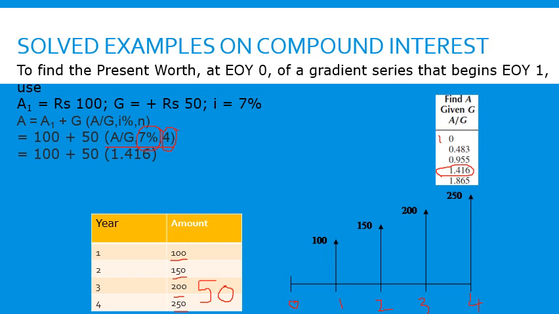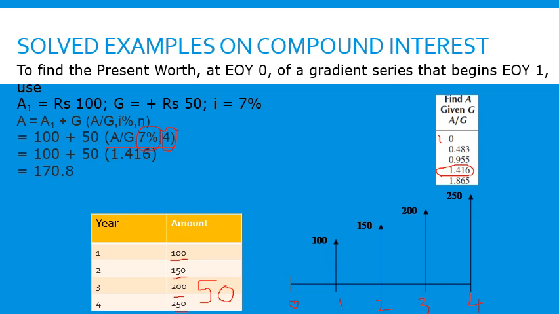This exercise has already been explained to you, how to identify the values, and continuing in that way we are doing this. Substitute that value 1.416 in this and I get the value as 170.8. What does this 170.8 indicate?